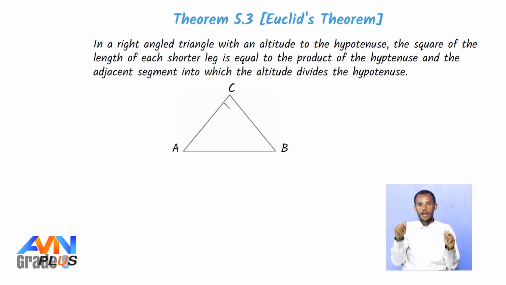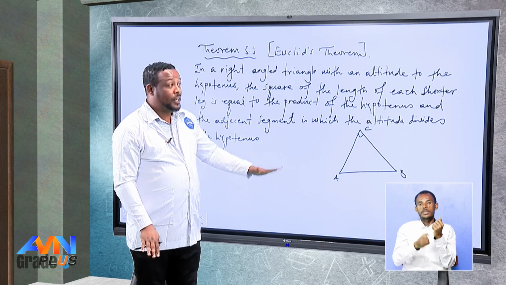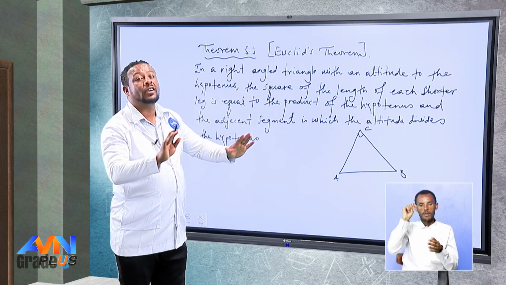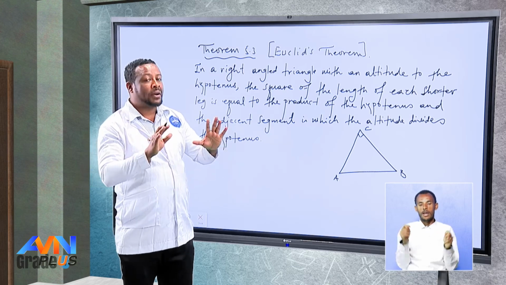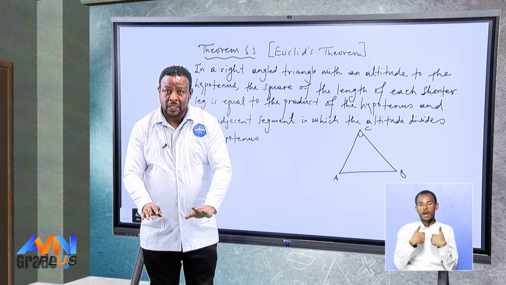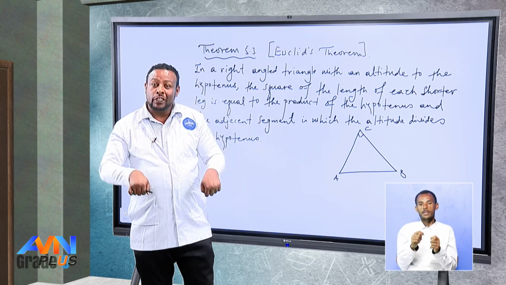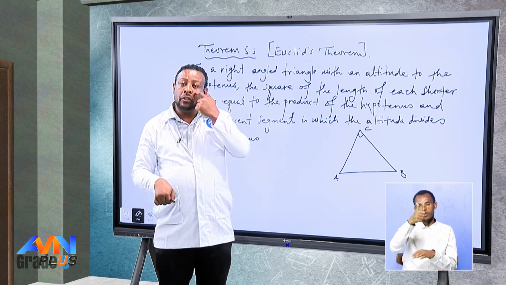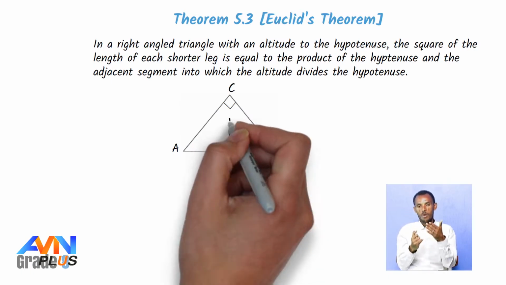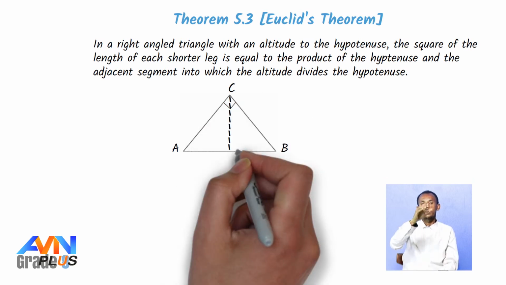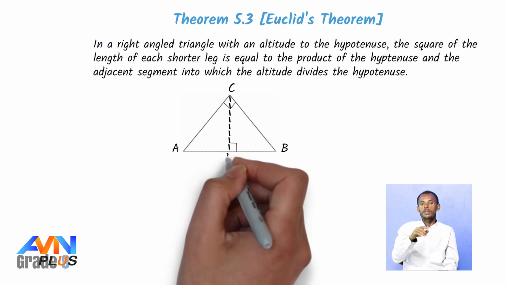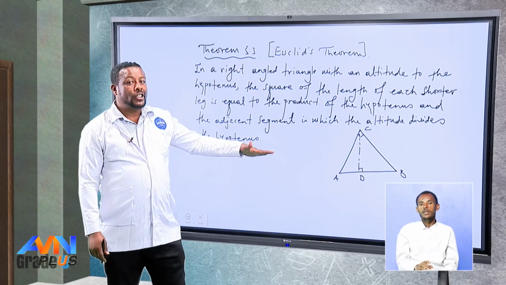Say it forms 90 degrees at C. Euclid's theorem is applicable whenever you have a right-angled triangle, and there should be an altitude drawn from the 90 degree vertex to the hypotenuse. If you construct an altitude from C to some point on AB, say CD, then CD is the altitude.